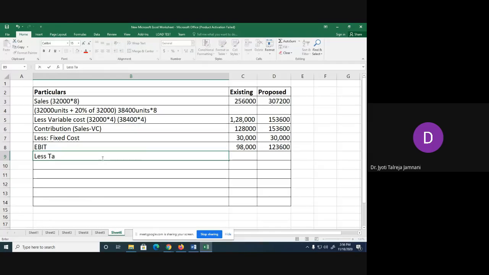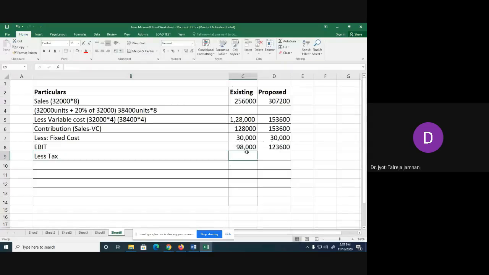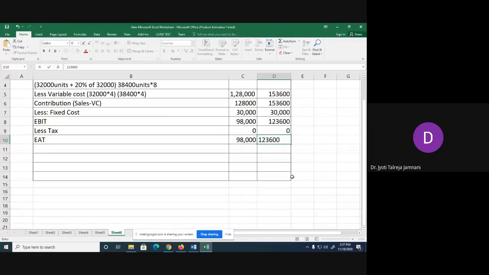And I think even the tax rate is not given, it's not mentioned, so we will write it as 0. So you will get earnings after tax, same 98,000 and 1,23,600. Now the next step is to find the additional investment.